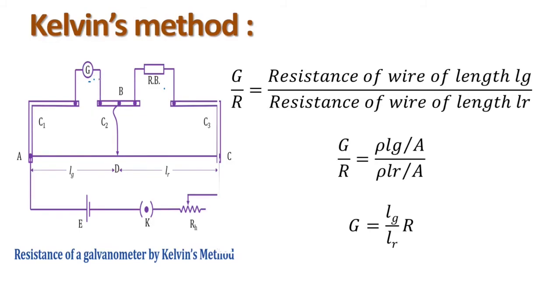There is already a deflection in the galvanometer. The rheostat is adjusted to get a suitable deflection around 2/3 of the range of the galvanometer. The jockey is tapped at different points on the wire. Make the contact D, for which the galvanometer shows no change in the deflection.